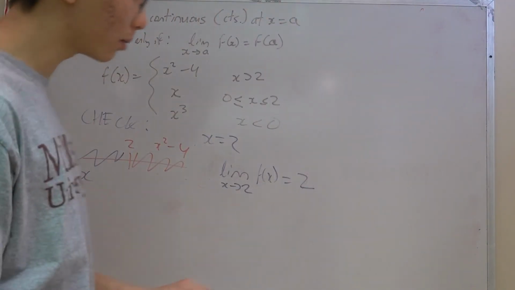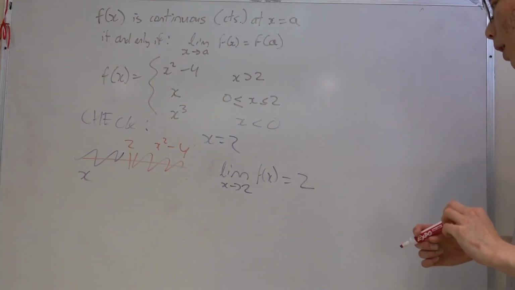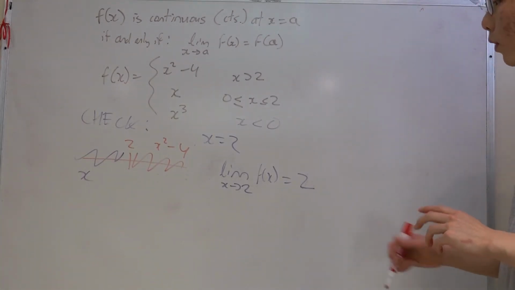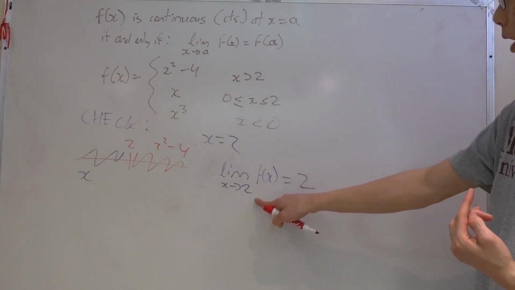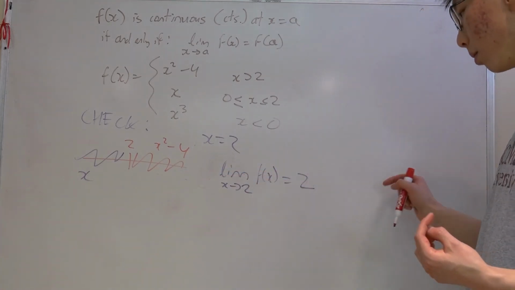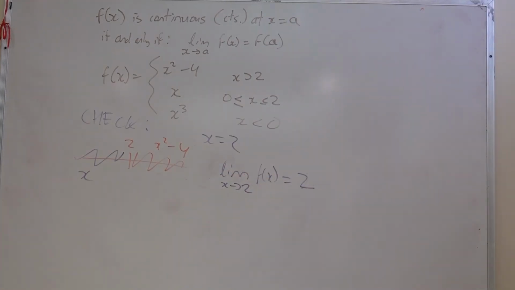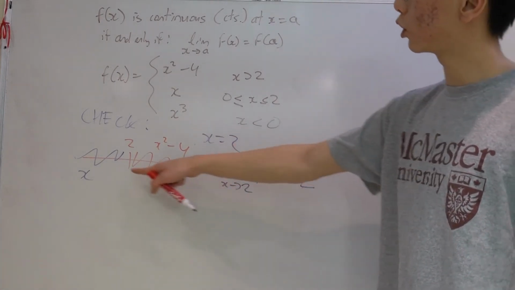But the picture sometimes is not going to help, so maybe we'll try it without a picture right now. In order for this limit to exist, remember, both sides must agree. On the right of 2, it's x squared minus 4. Let's figure out what happens as x approaches 2.